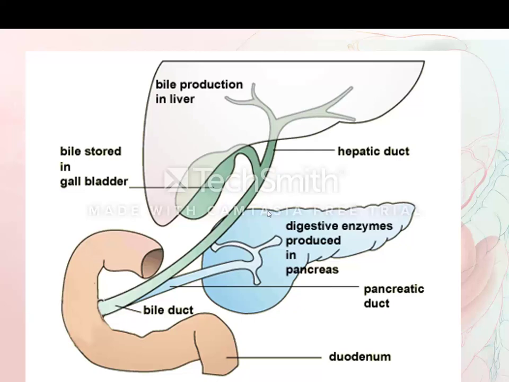Food is not passing into these organs, so they are accessory organs. But they all play a part in digestion because they secrete enzymes or liquids that move into the ducts that are passed into the small intestine, which are going to be used for further digestion in the small intestine.